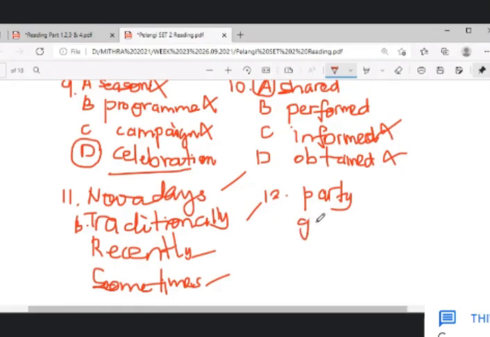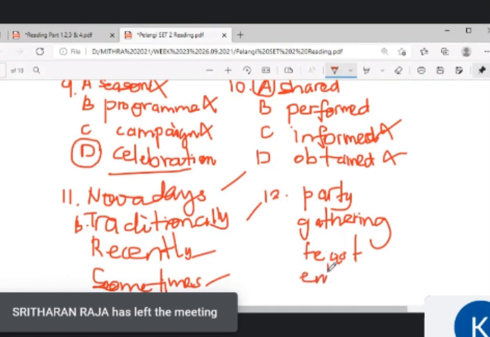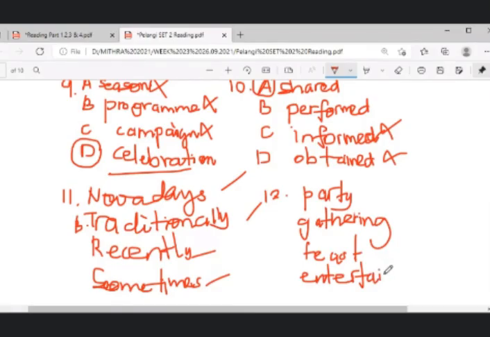Gathering. Is this also a vocabulary question? You have to be very careful. Okay, you have gathering. You have feast. You have entertainment.